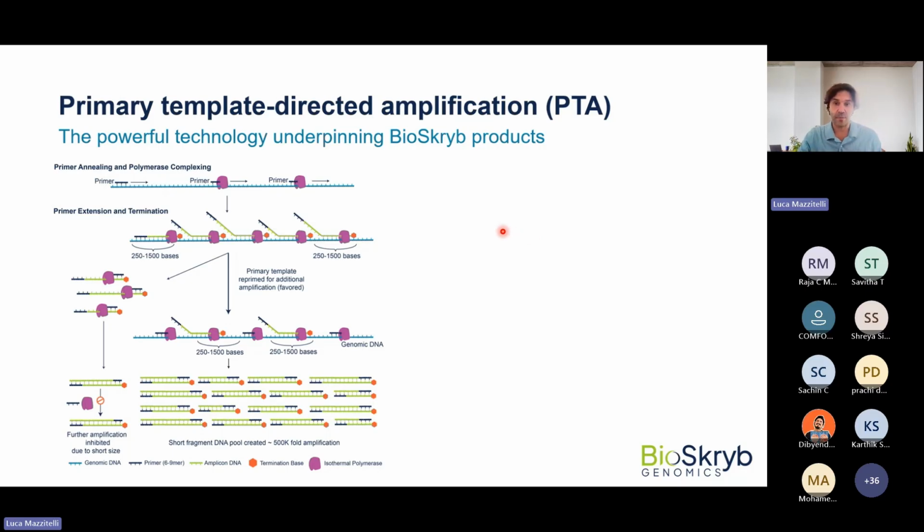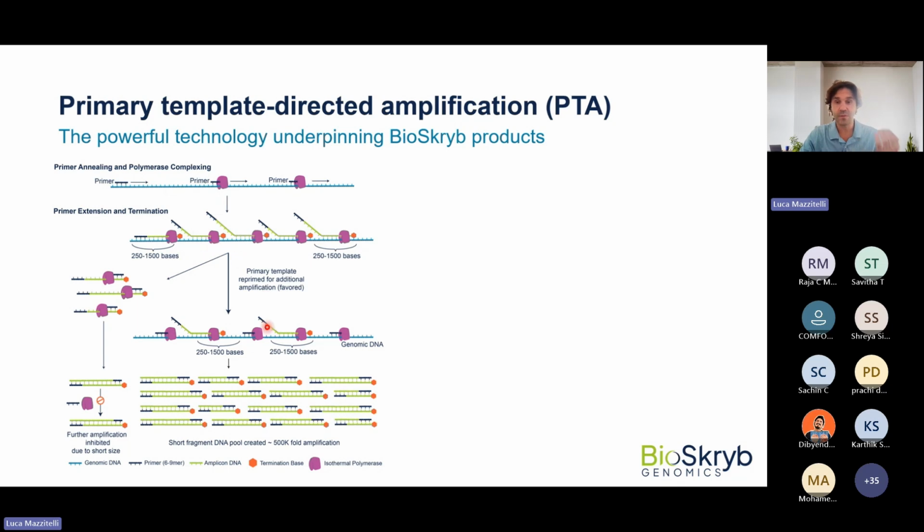The way that PTA works is that we leverage an isothermal polymerase and high-fidelity taq that binds short random primers, those short random primers that are hopping at multiple locations of the genome, which is our primary template. The polymerase starts the extension until it encounters a terminator base, which terminates the extension.